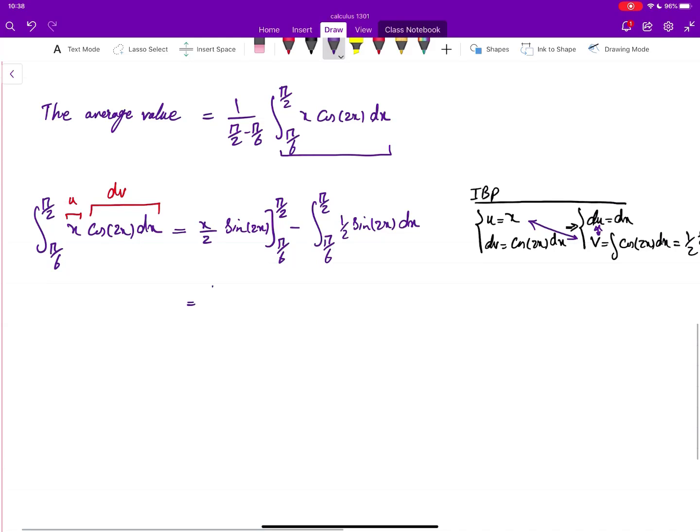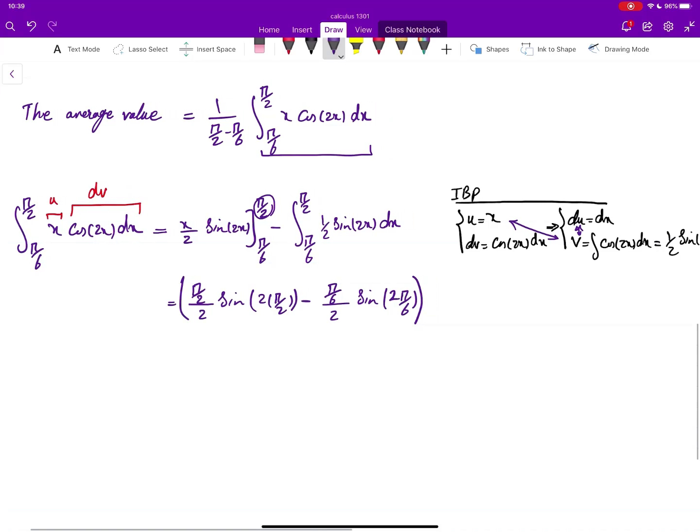Well, the first part means that I need to evaluate that there. 2 times pi over 2 at the upper limit, then minus evaluated at the lower limit, so 2 times pi over 6. That's nice.